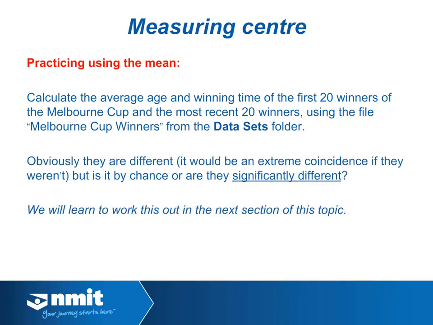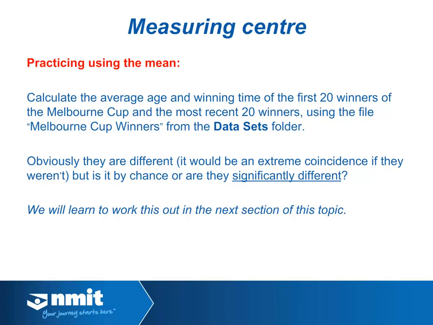So after you've calculated those averages or means for those two variables, being winning time and age, you'll see that the values are different, and it would be an extremely huge coincidence if they weren't different.